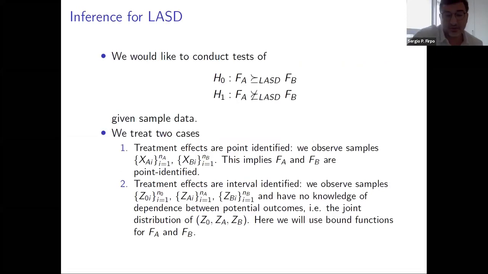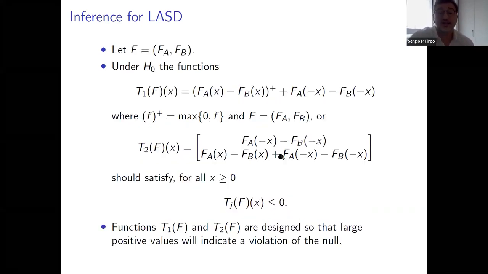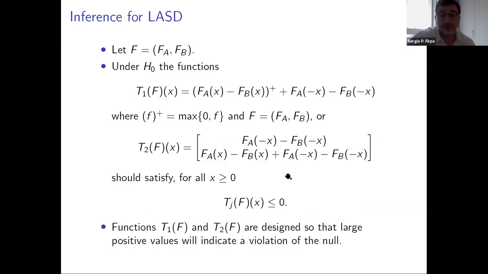So the econometrics component is basically, let's assume that we have empirical distributions for the X's in the first case, where we can observe the gains and losses, and in the second case you cannot, so you have to use bounds. So we have two scenarios, and we apply those two scenarios to our test statistics. You construct them by following something that was shown before when we were defining LASD.